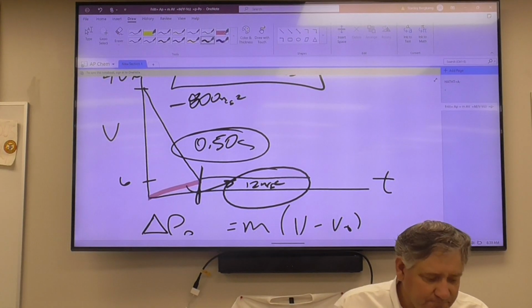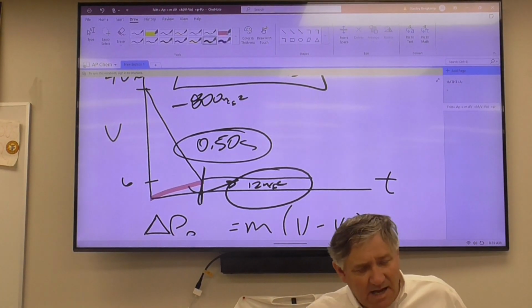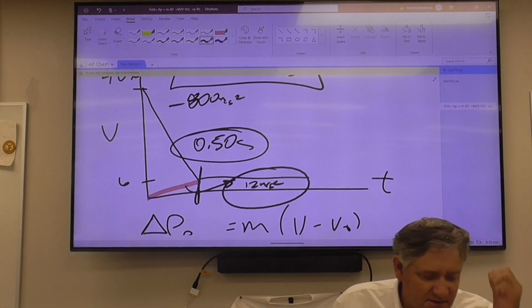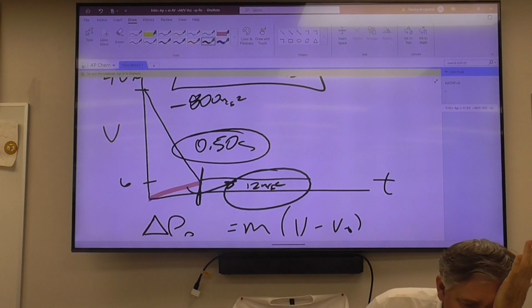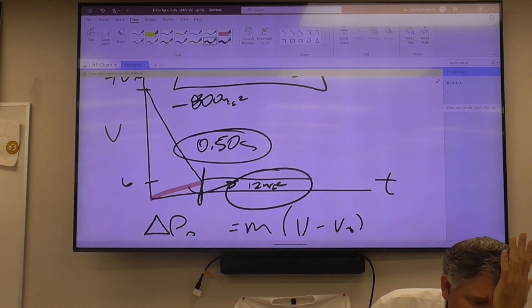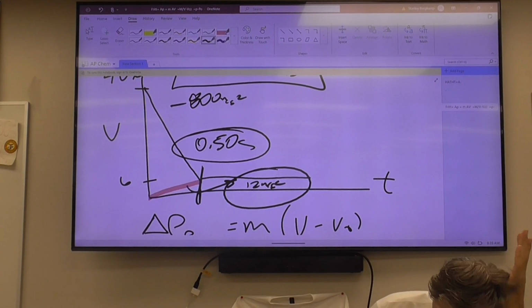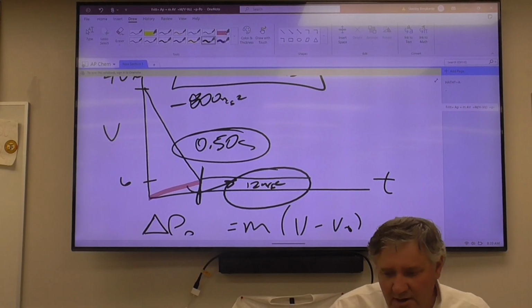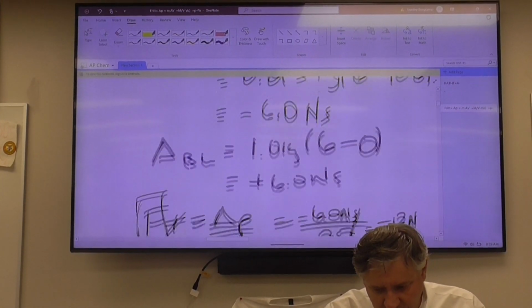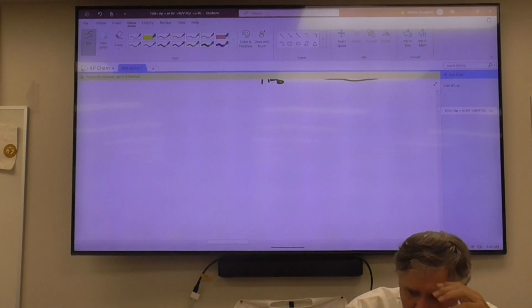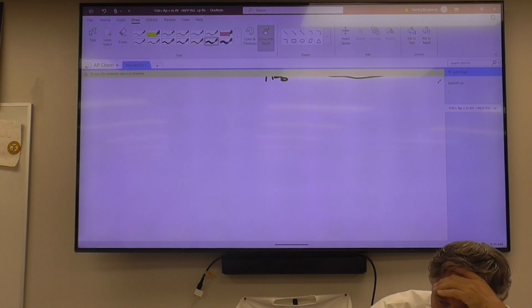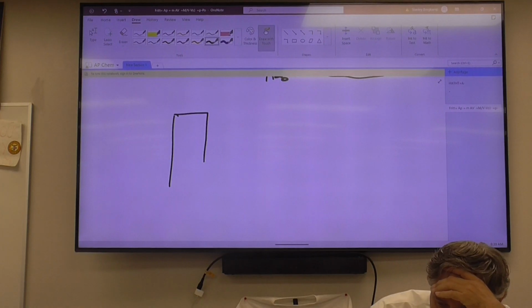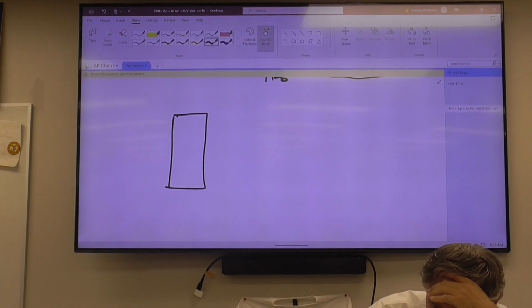Okay, so on this assignment, let me go over a couple of these. When you get to question number 2, it says an external force can change the momentum of an object. How can the internal force of a car's brakes bring a car to rest? Here's a quick lesson on automotives. This is the side profile of your car.